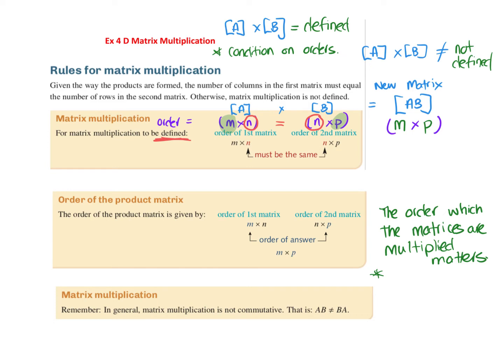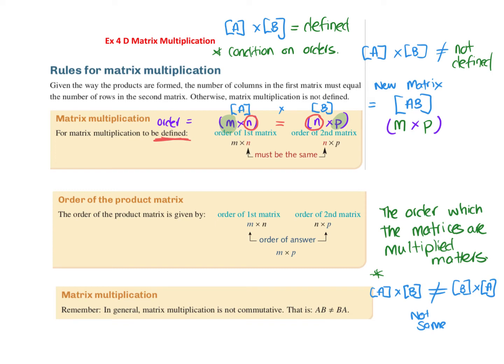When you switch them around, they won't be. In normal maths, 2 times 3 is the same as 3 times 2, isn't it? But not in matrices. So A times B is not the same as B times A. You can't assume that it is the same.